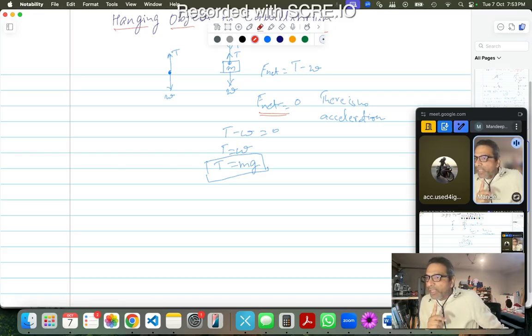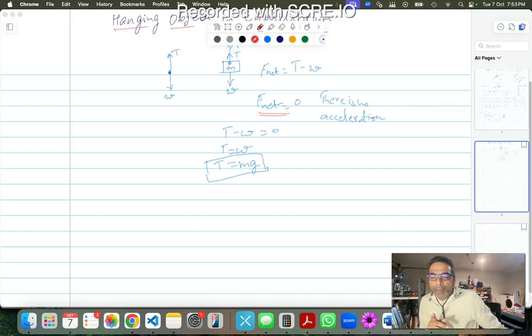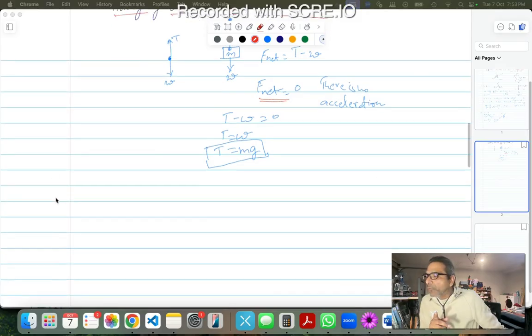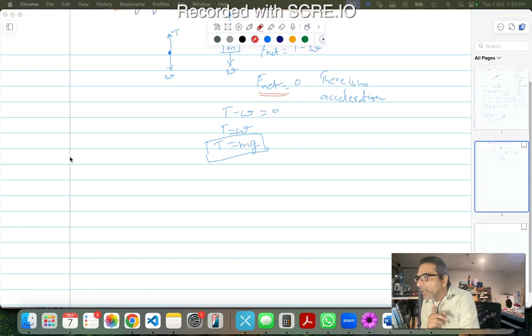Okay. One more thing that we need to do before moving forward, before doing the complex one. Let's do one example related to the centripetal force. Car turning in a circle.